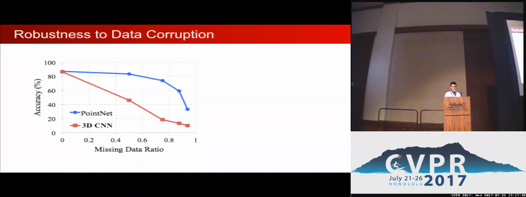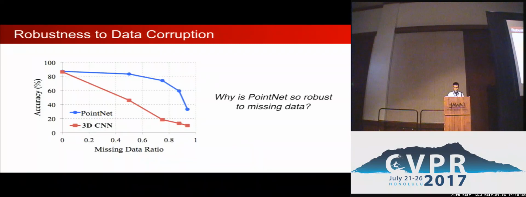At test time, we randomly drop out points to see how the performance changes as we drop more and more points. You can see that PointNet is very robust to that, while the 3D CNN's performance decreases very quickly as you drop valid points or valid voxels.